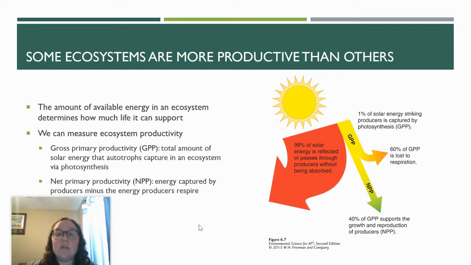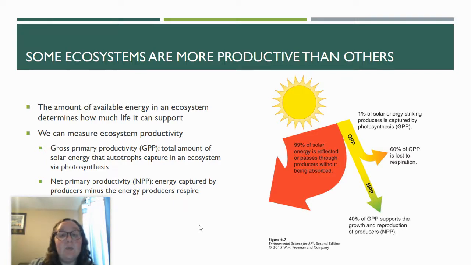Of that 1% of solar energy, 60% of the GPP is lost to respiration, and whatever's left, that other about 40%, supports growth and reproduction of producers. So we only have plants absorbing 1% of the total solar energy that hits the earth. 60% of the 1% is lost to respiration, and the 40% that is left is called NPP.